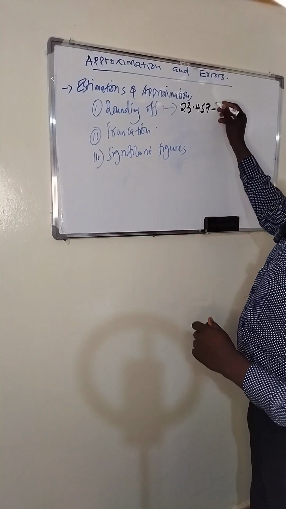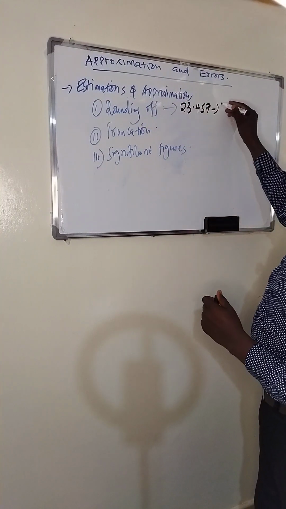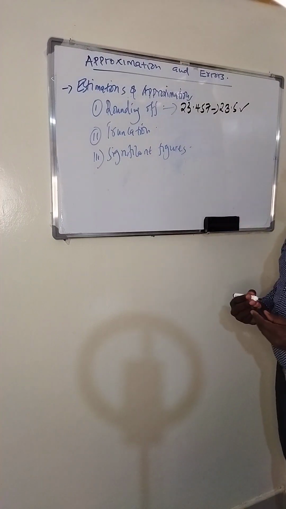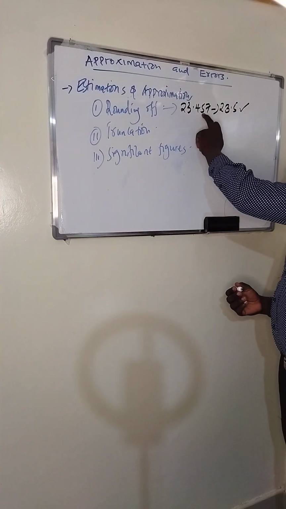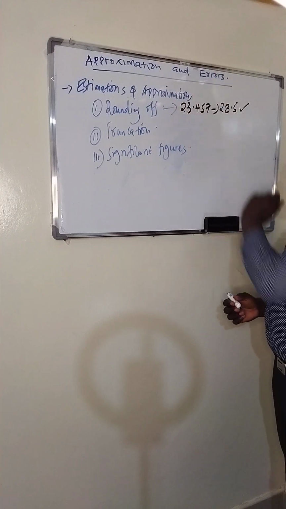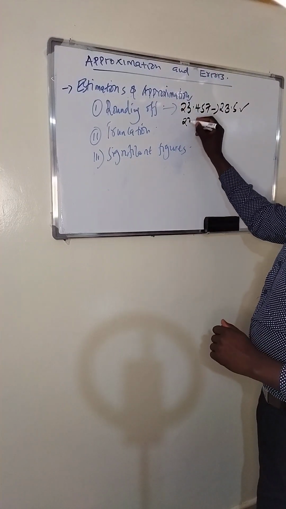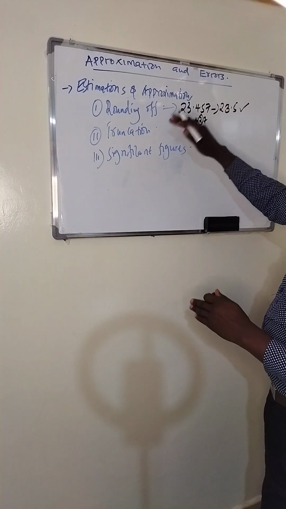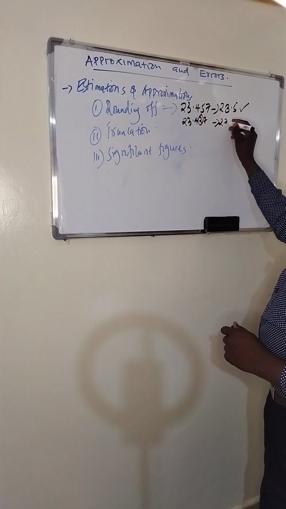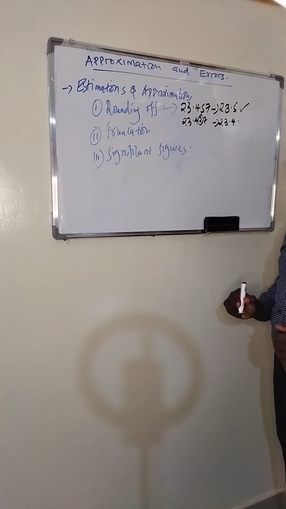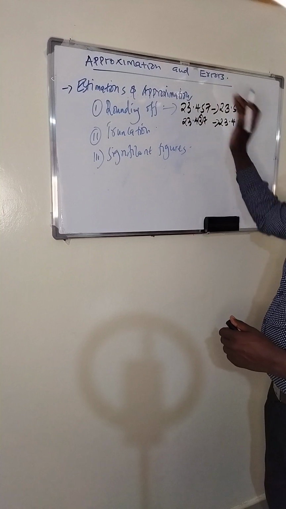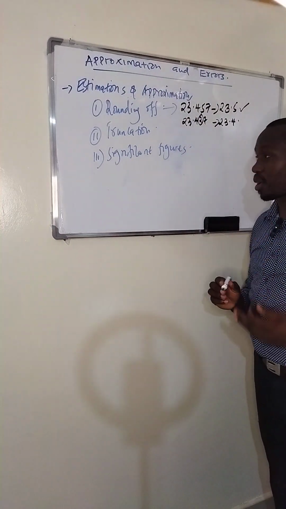So rounding off to 1 decimal place, the answer will be 23.5, because this number here is 5, so it's 5 and above, so you round off. If you had, say, 23.427, you notice that this number is less than 5, so the answer will be 23.4. So that is rounding off. That is obviously something very easy. We did that back in Form 1 and even primary school.